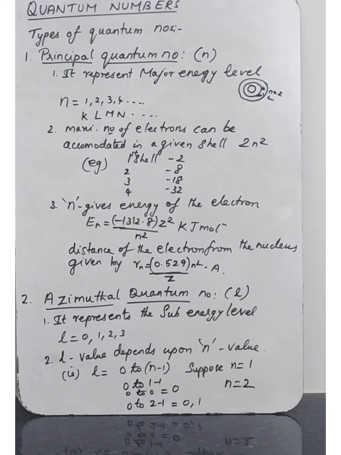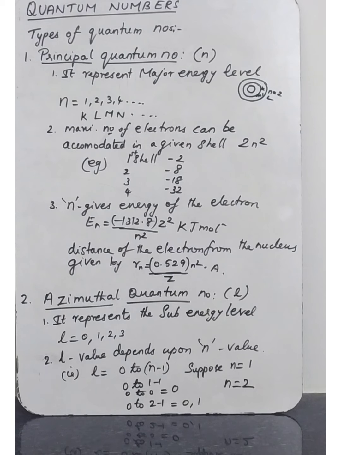This explanation is for the coming class; in this class itself we will discuss it, and at that time you can understand. Quantum numbers are classified into 4 types.